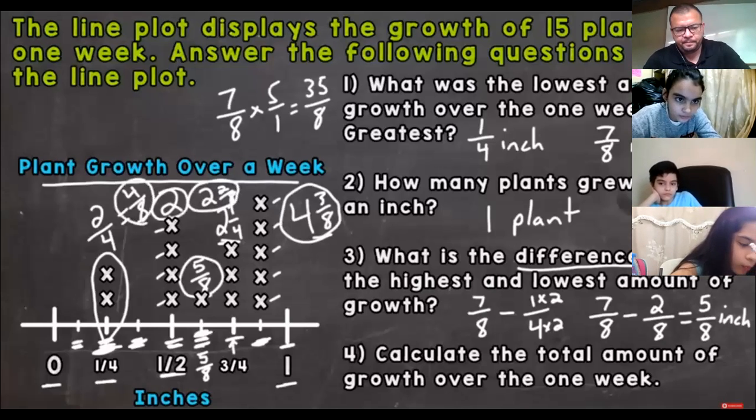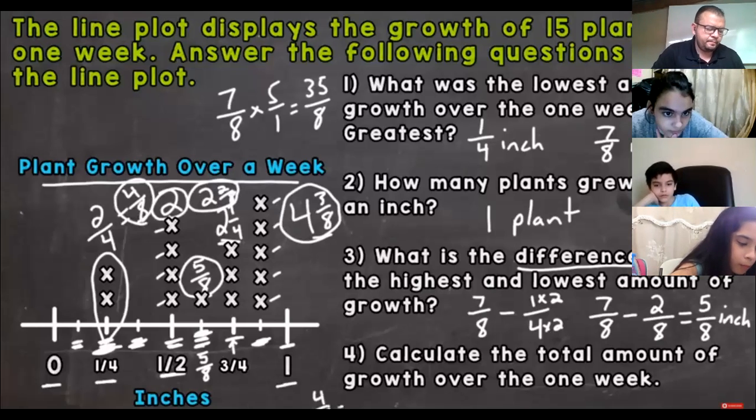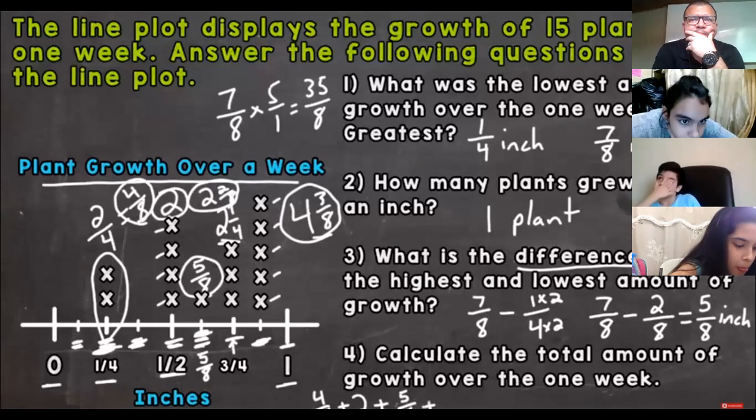All right, so we need to do 4/8 plus 2 plus 5/8 plus 2 2/8 plus 4 3/8.